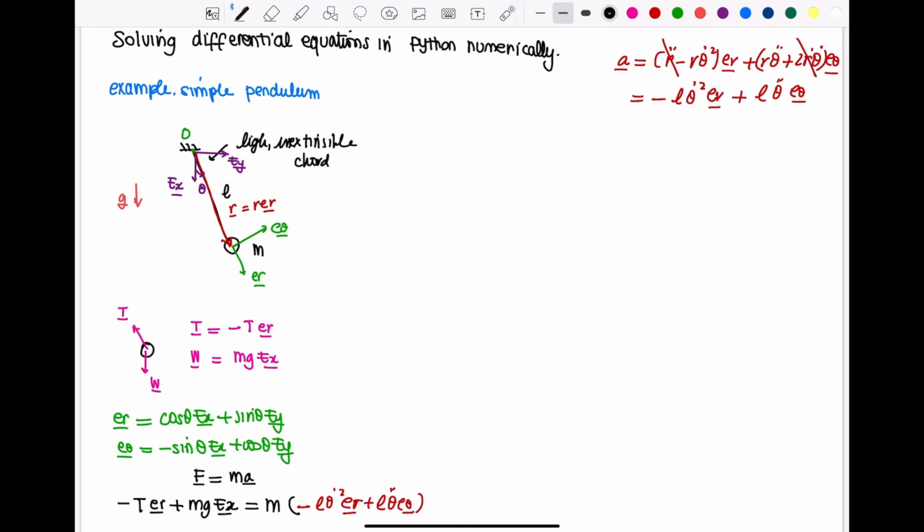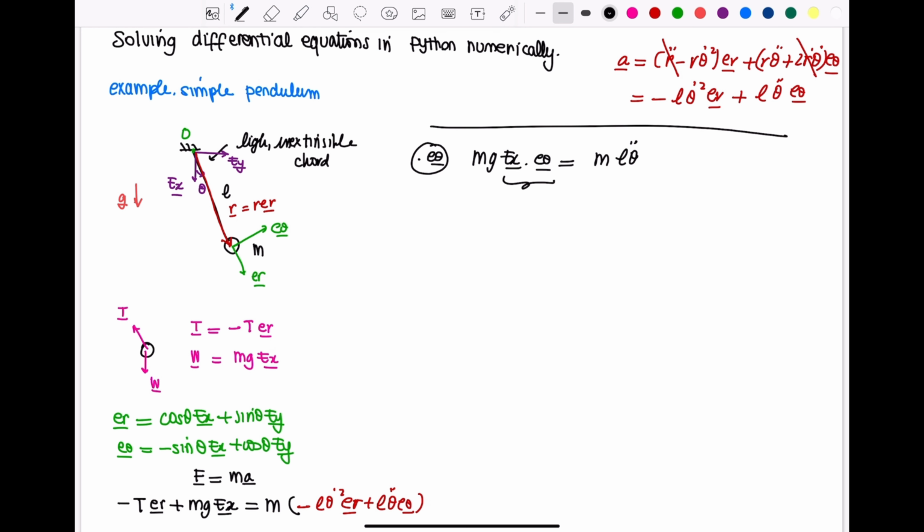Okay, very well. Then I can project the equation of motion along E theta, and the tension term is going to go away. I'll get mg E_x dot E theta is equal to m L theta double dot.